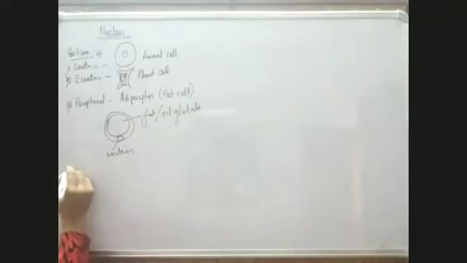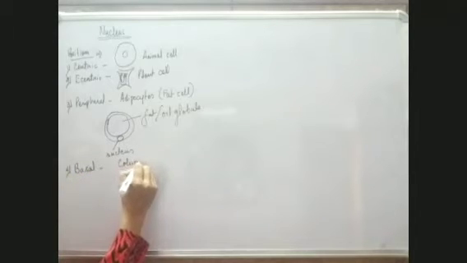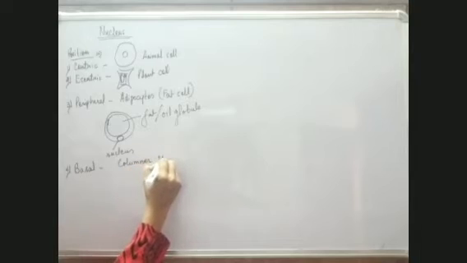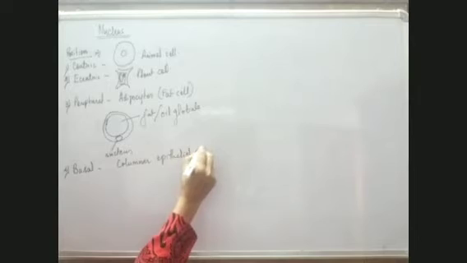Then we have basal position of nucleus, B-A-S-A-L. Basal means at the base, and it is present in columnar epithelial cells. How do they look?